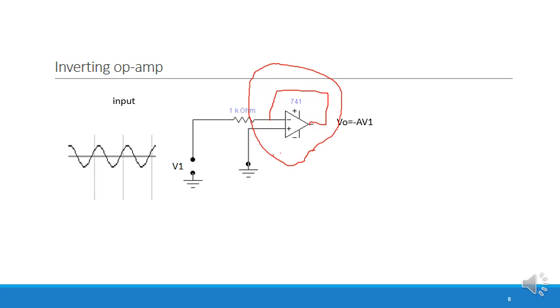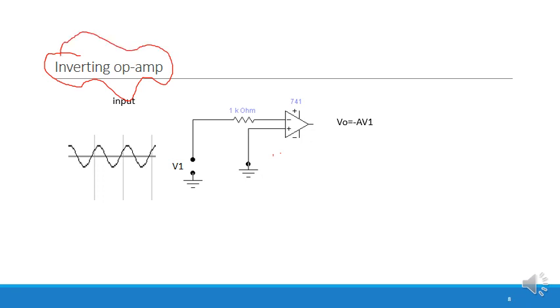We will study the types of closed loop in detail in the next class. Okay, today let us study in detail what we mean by the inverting operational amplifier.